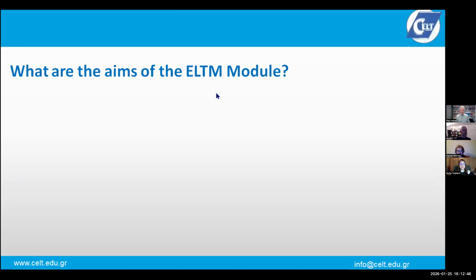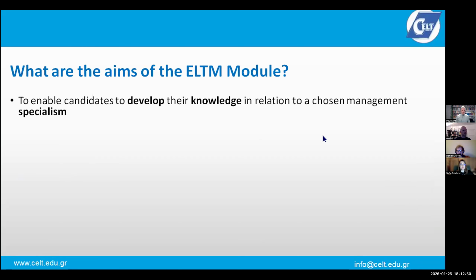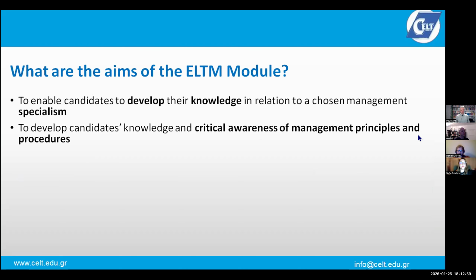Okay, so what are the aims of the ELT module? Well, these are the aims. I'll let you read them. I think the key here, especially in part 1 of the assignment, is the critical awareness.